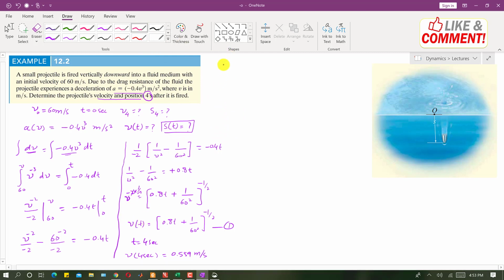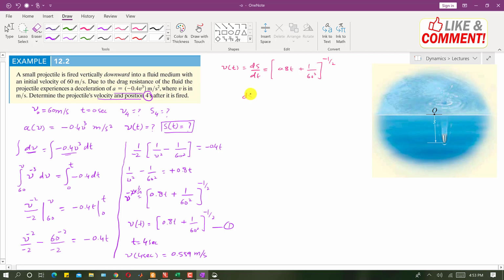So we have v of t, which is equal to ds by dt, and which is equal to (0.8t + 1/60)^2 to the power minus 1/2.